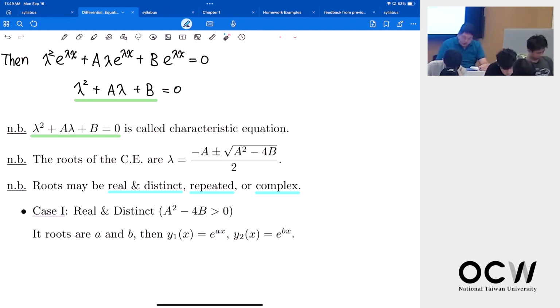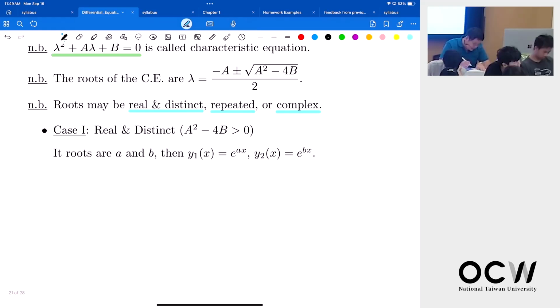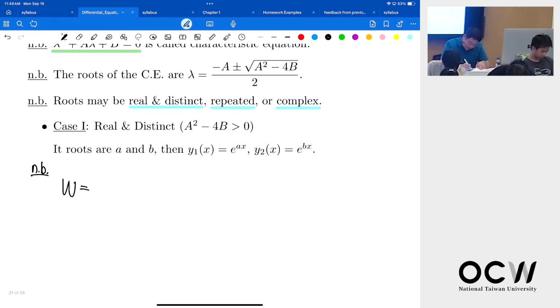We can also check whether they are linearly independent or not. So first, check their linearity. We have y1, y2, y1 prime, y2 prime.